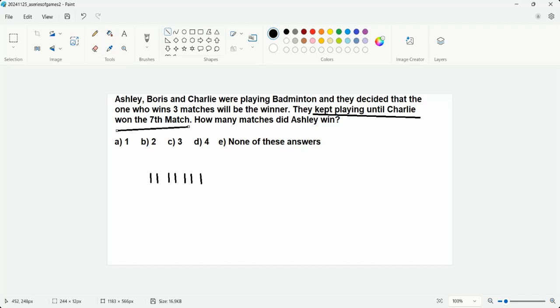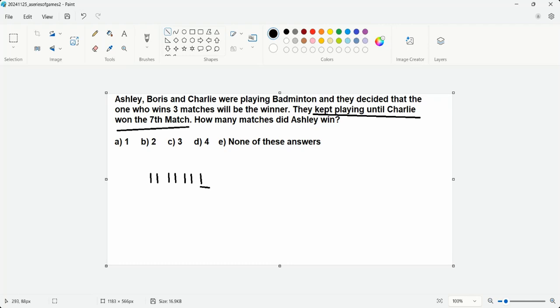So we know that Charlie won the last match. So whoever wins the last match, he is the winner. So Charlie won the seventh match, and he needed 3 matches to win. So by this match, he is the winner. So it is the seventh match, and Charlie became the winner.